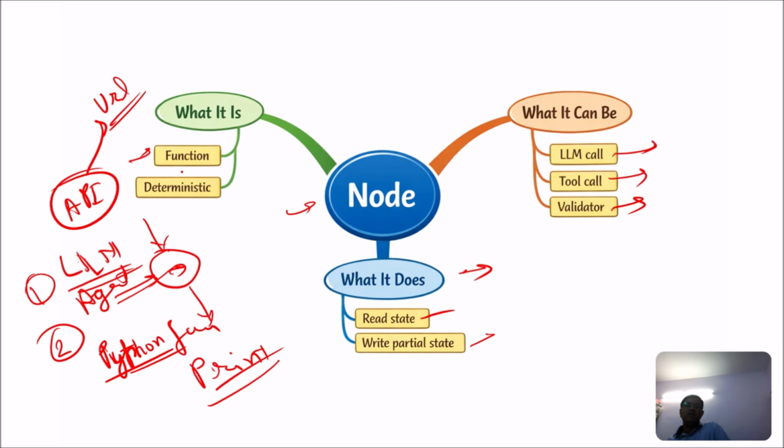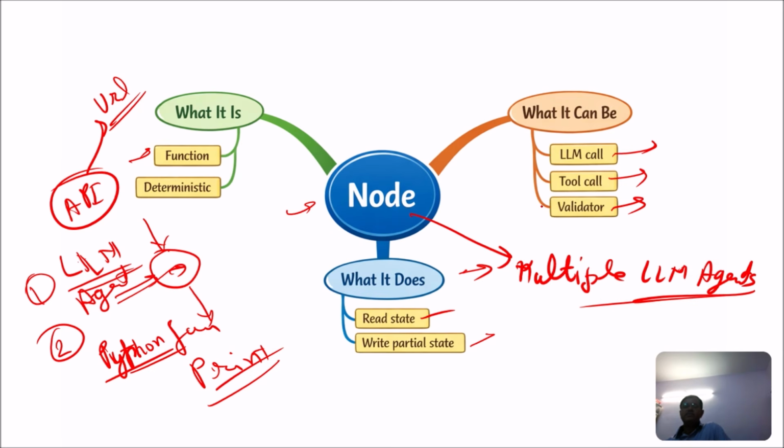Now let us come to one more scenario: if there are multiple LLM agents in a node, then what will happen? Generally, LLM agents take some time. Suppose it takes 1 second to think and answer anything, and suppose we have 5 such agents.